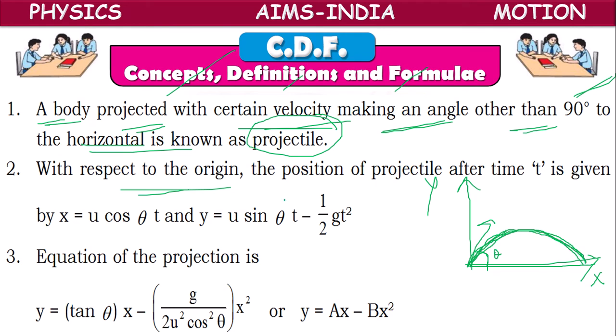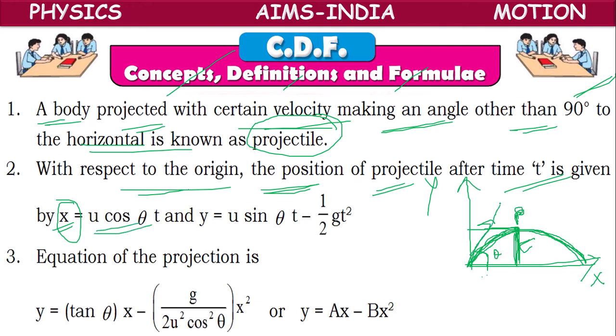So here, the position of the projectile after time t. Suppose after time t the body is at point P. We have to tell its position along the horizontal and along the vertical. In the horizontal direction, it will be at a distance x equal to u cos theta into t.